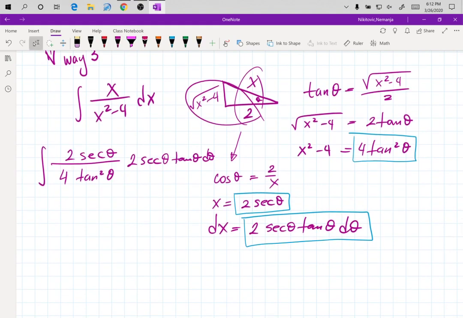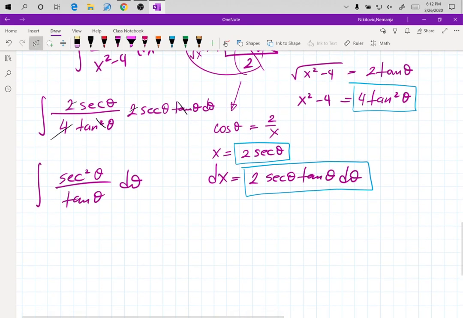All right, so we are going to have all of the constants cancel, because 2 times 2 is 4, kills the 4 in the denominator. One of the tangents drops, and we are left with secant squared theta divided by tangent theta d theta. So this is where now trig integrals kick in.